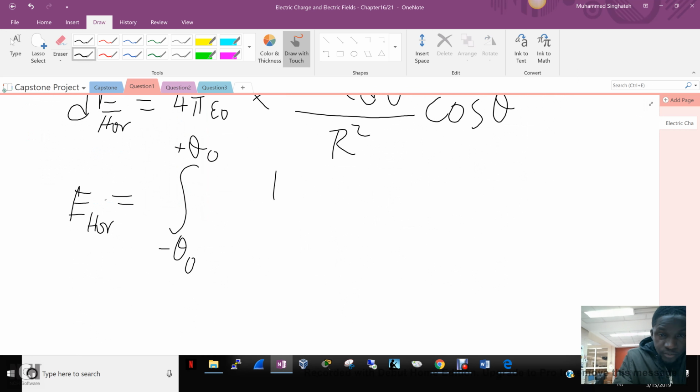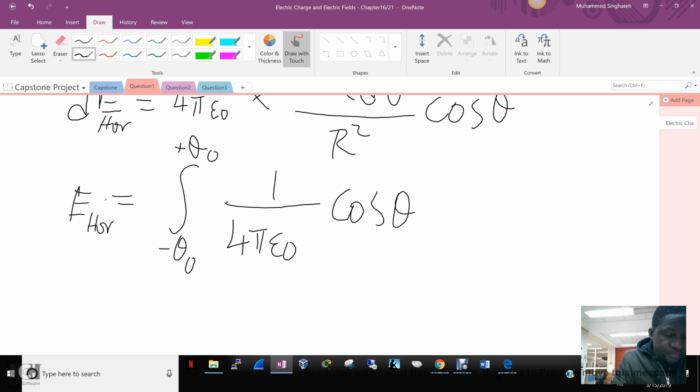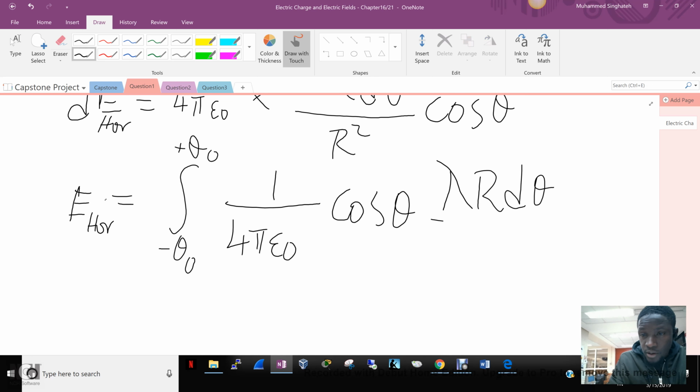Of 1 all over 4 pi epsilon 0, cos of theta multiplied by lambda times radius times distance times theta, all over radius squared.